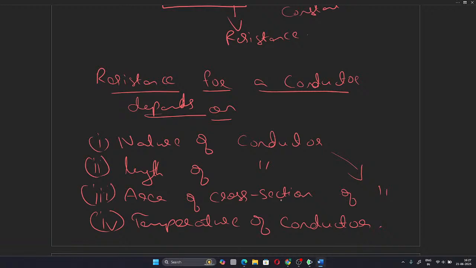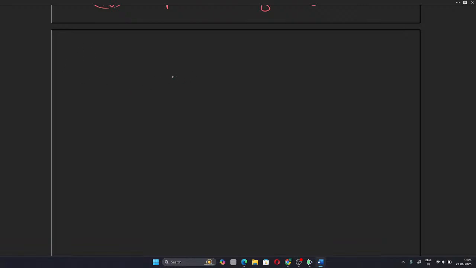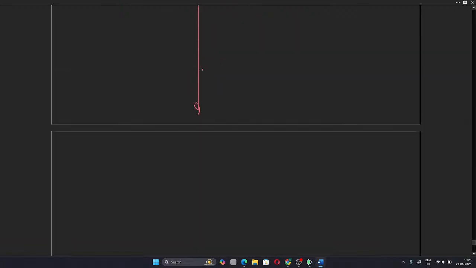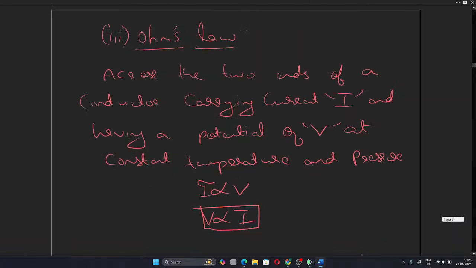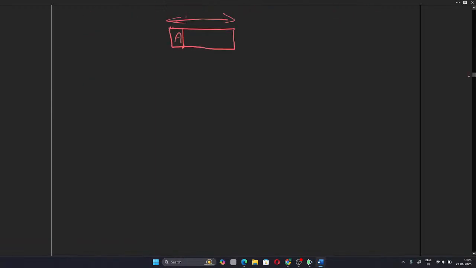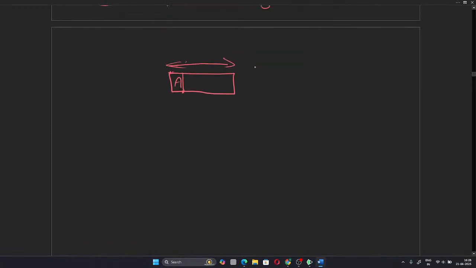As for how this resistance depends on length and area, we can prove it by taking, for example, a slab of area of cross section A and length L. This is a slab of a conductor.